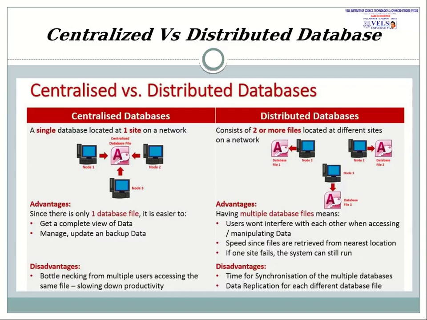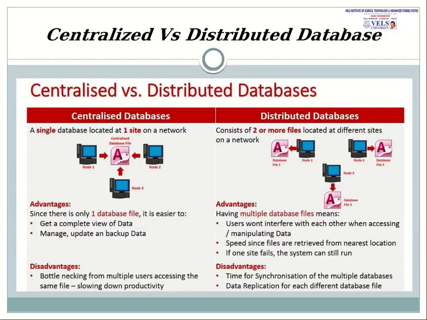Here the database consists of two or more files connected at different sites of the network. The main advantage of multiple database files is that users won't interfere with each other when accessing data. If one user is accessing particular data, it does not affect the other sites of the network.